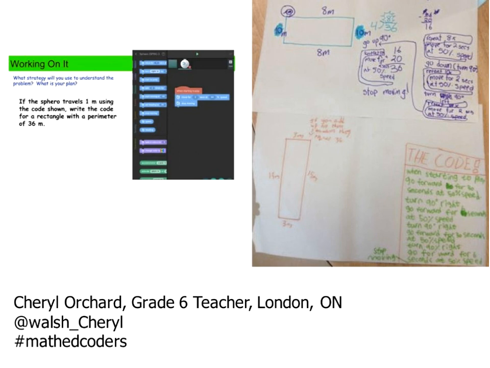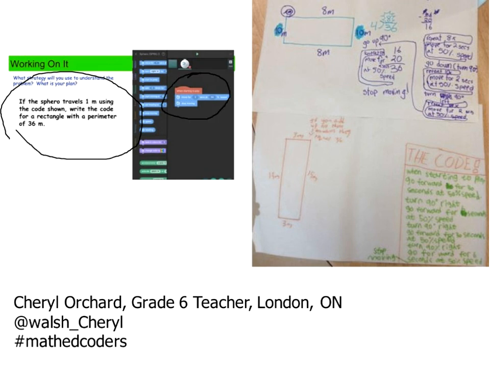This is something that someone did with Sparrow. Cheryl, who's also in our TLP, had been doing Sparrow for a couple of days with her students, and then she decided to do an unplugged activity the next day. So she gave them a question: if the Sparrow traveled 1 meter using the code shown, write the code for a rectangle with a perimeter of 36 meters.